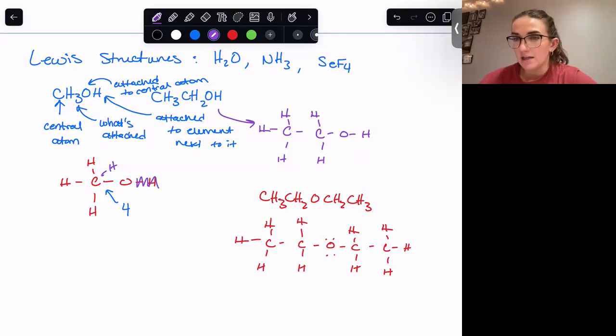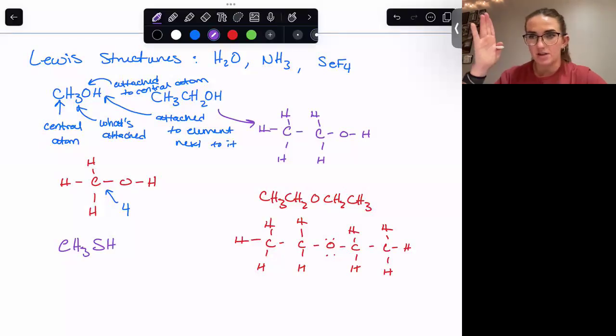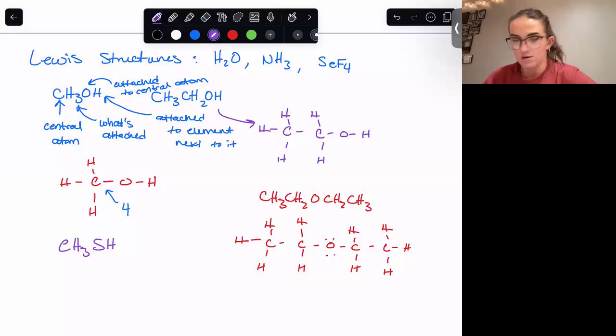The way that this is written, if it's written out condensed like this, it would be attached, right? Like if this was CH3SH, it's still going to be attached to that element that comes right before it. Does that help answer your question, Daryl?